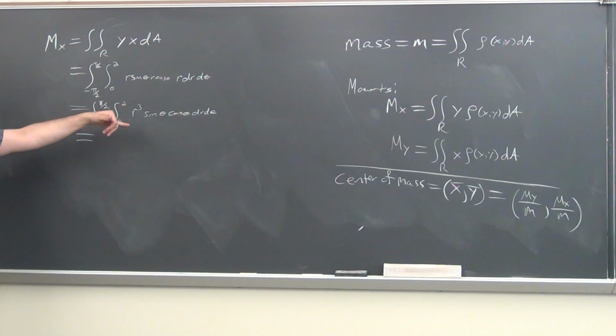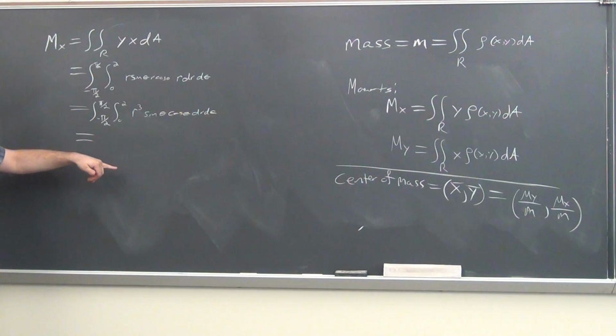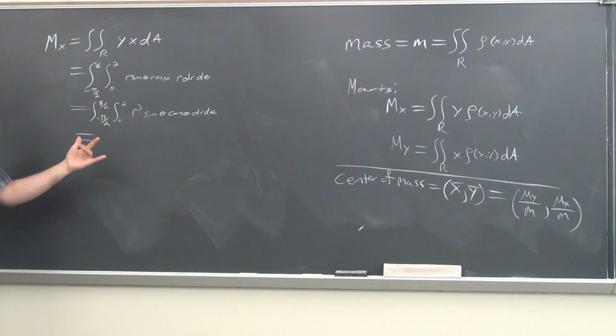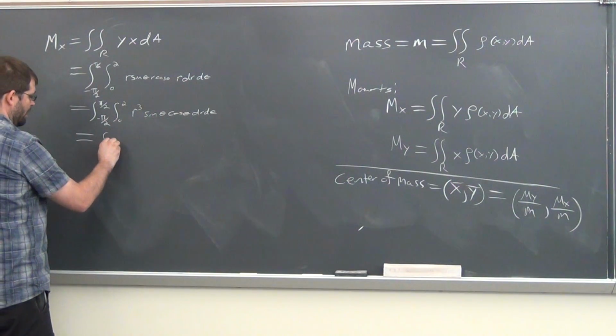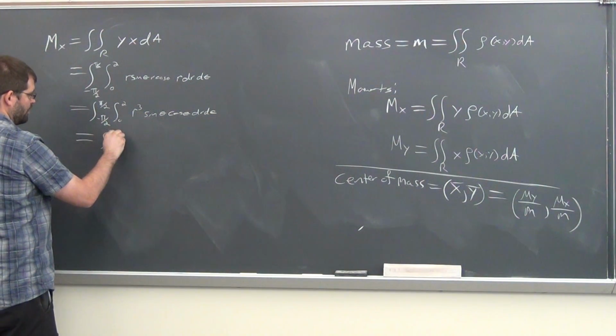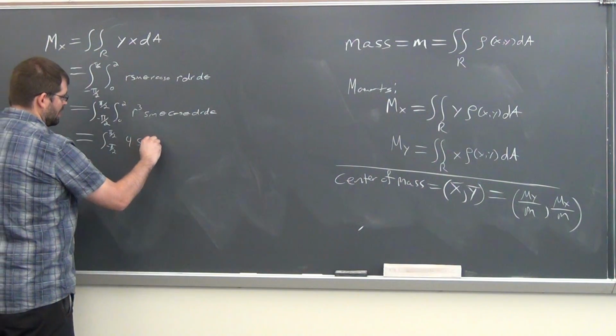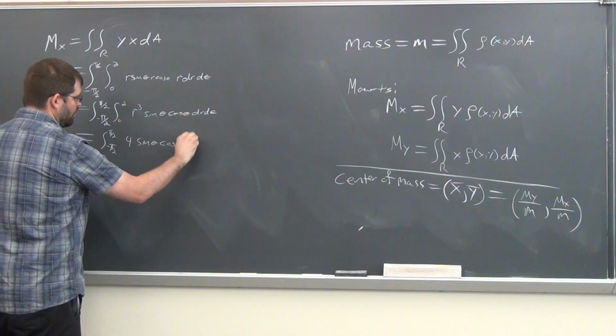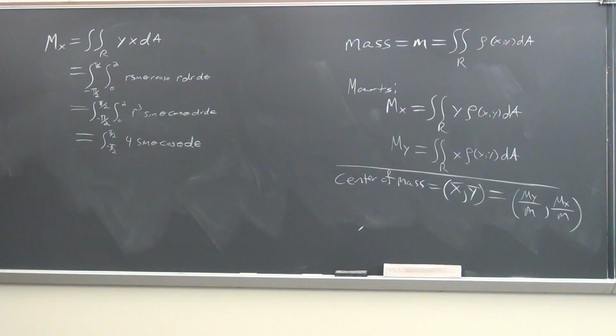So 2 to the 4th is 16, over 4 is 4. So you're just going to end up with 4 sine of theta cosine of theta. Is that okay? All right. So what happens after that? How do you integrate?